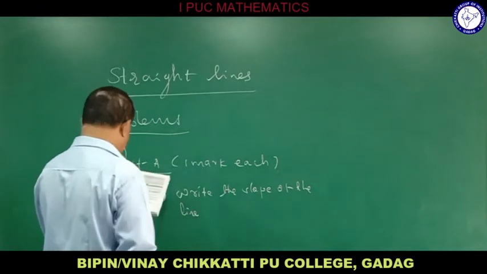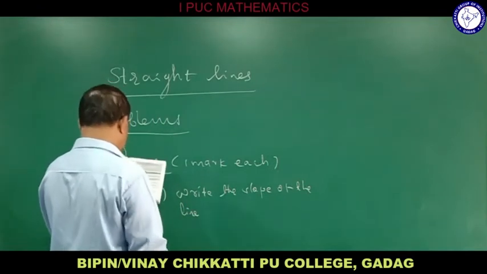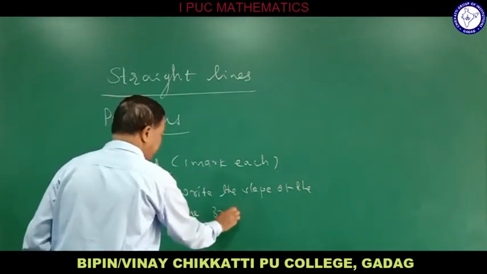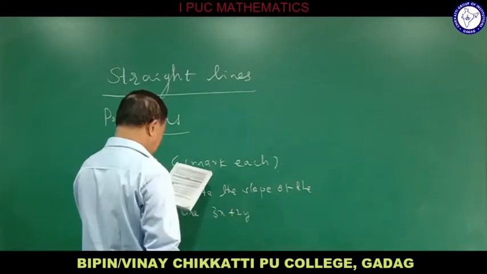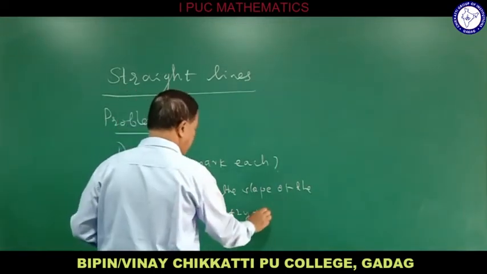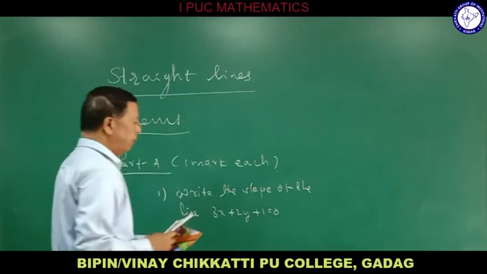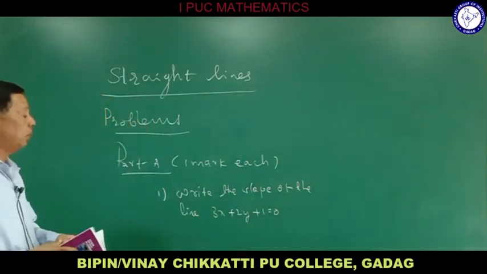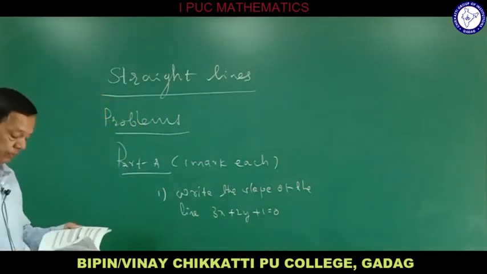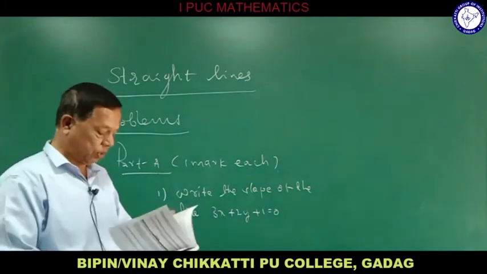And what is the question here? Slope of the line 3x plus 2y plus 1 is equal to 0. So here you see what is the slope of this line, and accordingly we can proceed.